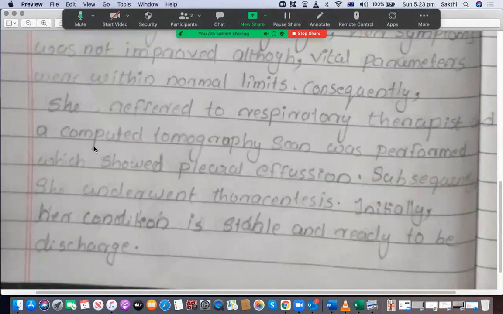Respiratory therapist, okay. Computer tomography, is it a new sentence or here? And the computer tomography scan you have written was "and," okay, that's all right. "And a computer tomography scan was performed," that's good, "which showed plural effusion." Are you sure this is correct? This one has correct spelling?